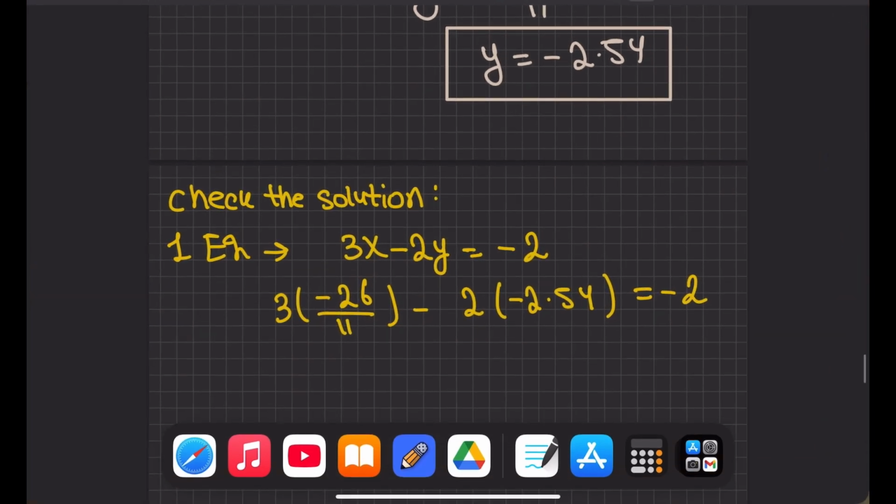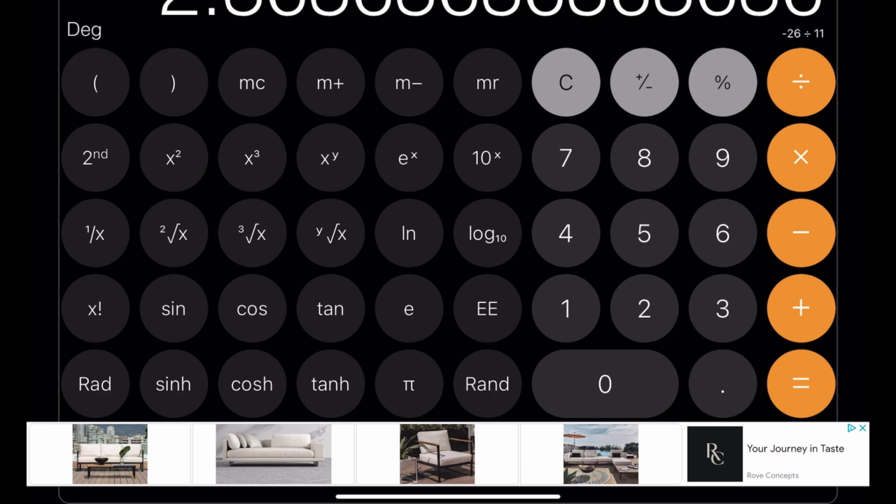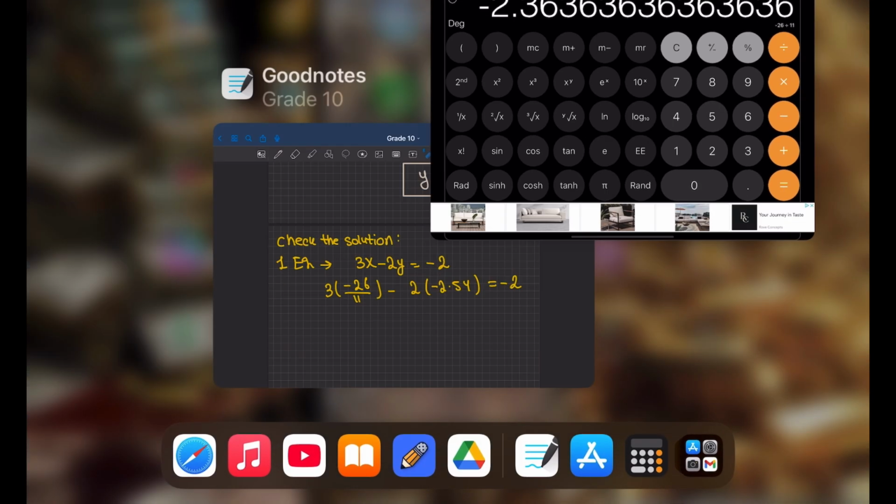I can make it more simplified, so I'm going to use my calculator one more time. It's negative 26 divided by 11, which is minus 2.36.